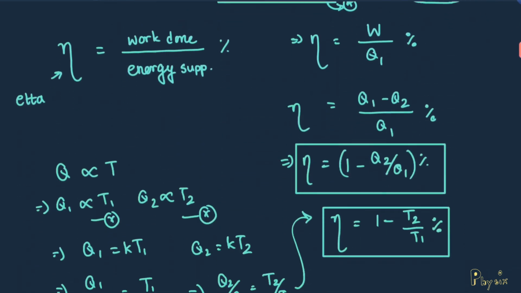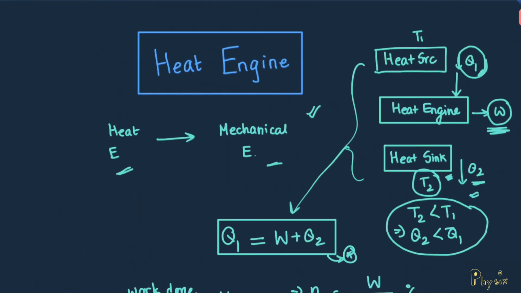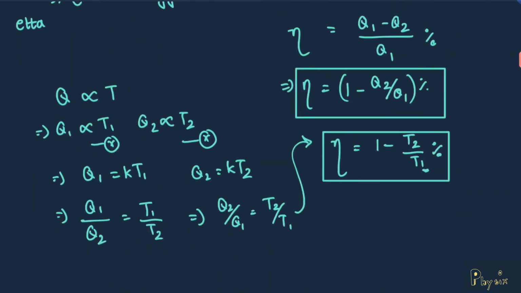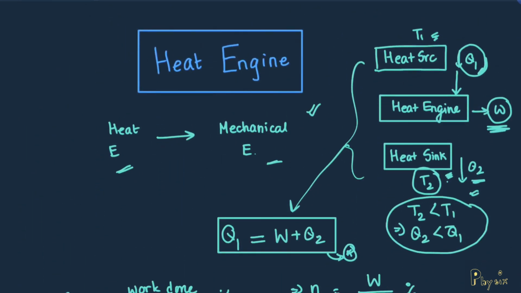And T1 over here is basically the temperature of the heat source, right? T2 is that of the heat sink, and T1 is basically that of the heat source. And here you go. This is the efficiency of a heat engine, and over here discussed is the mechanism of a heat engine. Well, that's all.